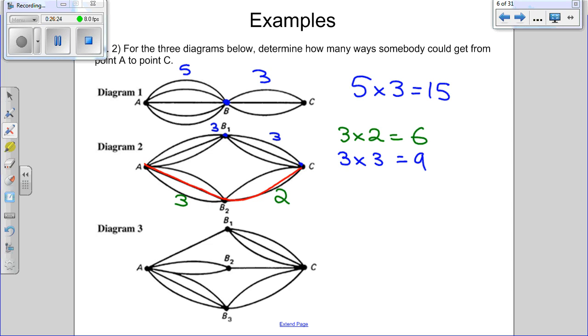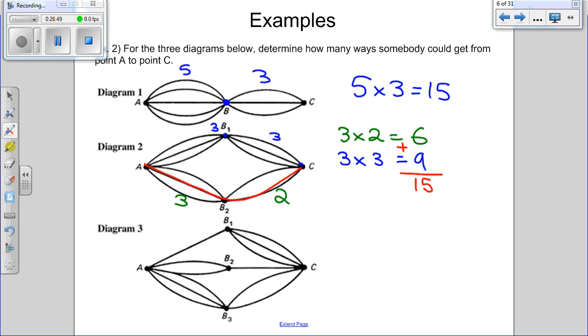Instead, what I'm going to do is I'm going to add the 2 possibilities together for a total of 15 routes. So I could go 6 ways through the top, 9 ways through the bottom, for a total of 15 different ways. You wouldn't multiply them together because any path you choose on the top wouldn't happen at the same time as the path at the bottom.